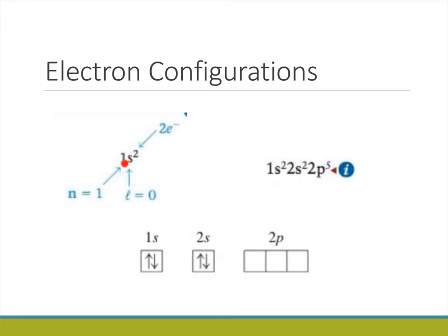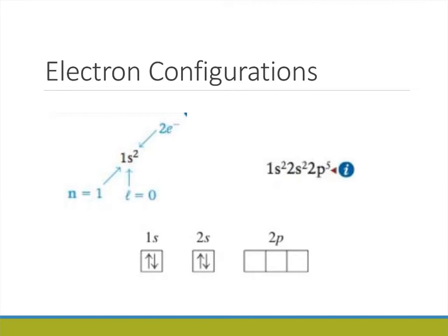All of the numbers in front of a letter are corresponding designations of n. So in this case, n is equal to 1. We use the subshell, the L value, but we use the letter, so this is s, so L equals 0, this is the 1s subshell, and we're going to put 2 electrons in there. We're going to use the 2 as a superscript.